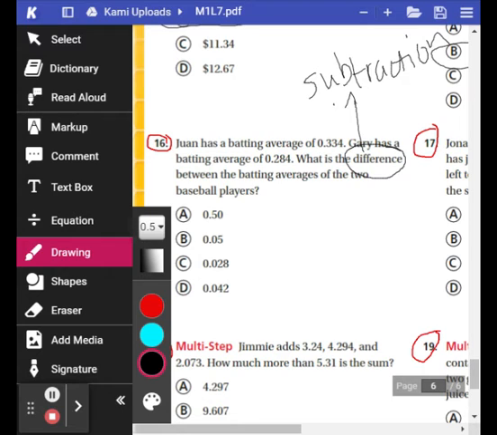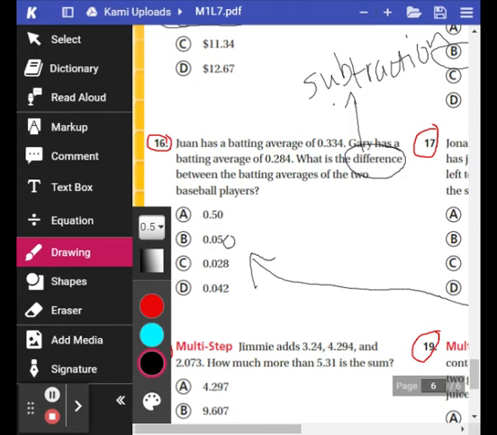So we have a 0.334, and I'm going to take the difference of 0.284. So remember, look at your different answer choices, right? So let's start from the thousandths. 4 minus 4 equals 0. Do you see a 0 over here? That's going to be like that.